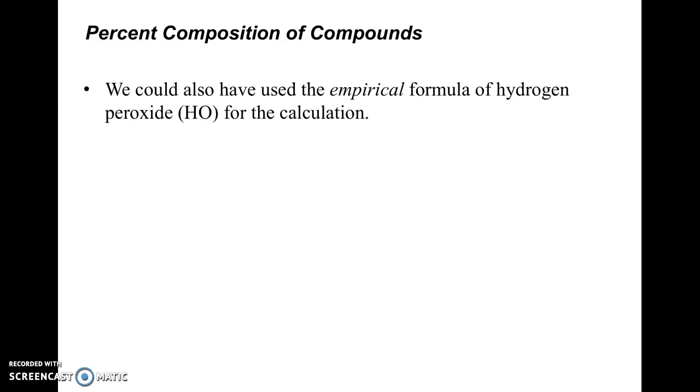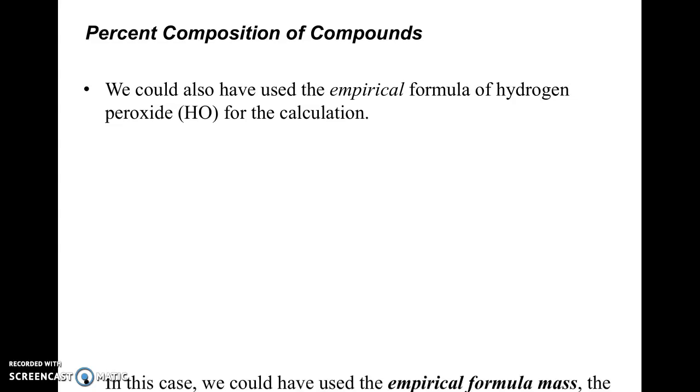All right. The other thing that we are going to look at are empirical formulas. Remember, we talked about those previously. It's the simplest formula. So hydrogen peroxide, which is H2O2, the empirical formula is just HO.